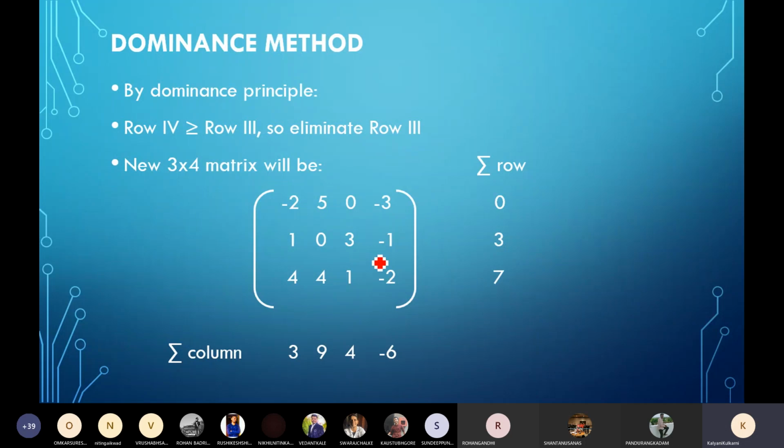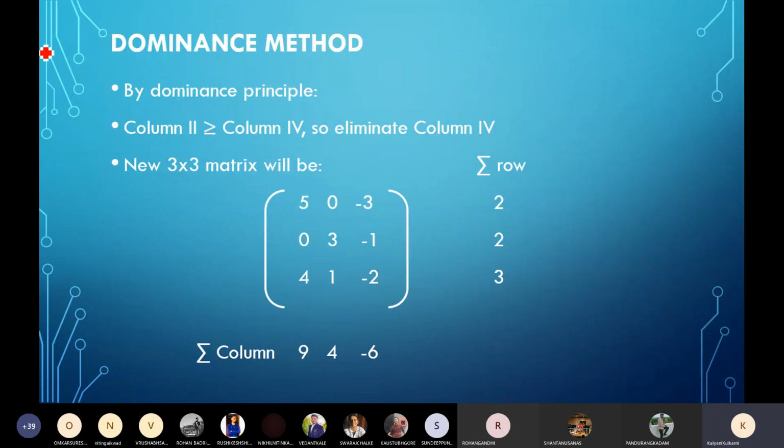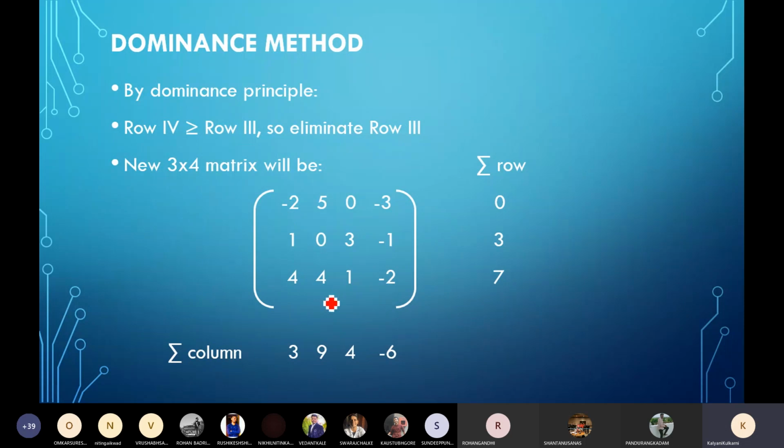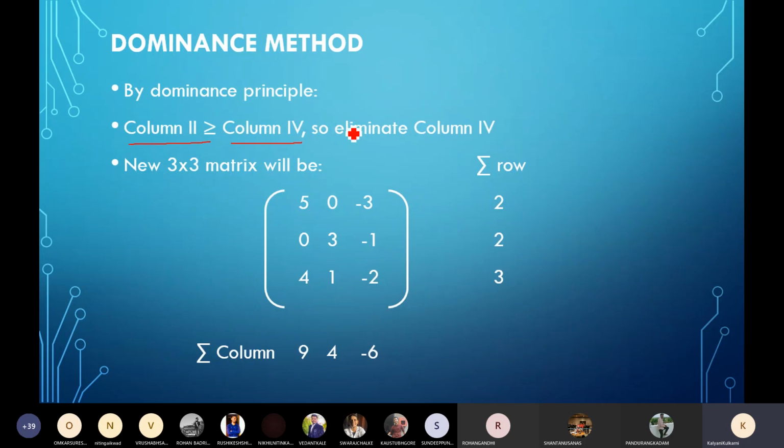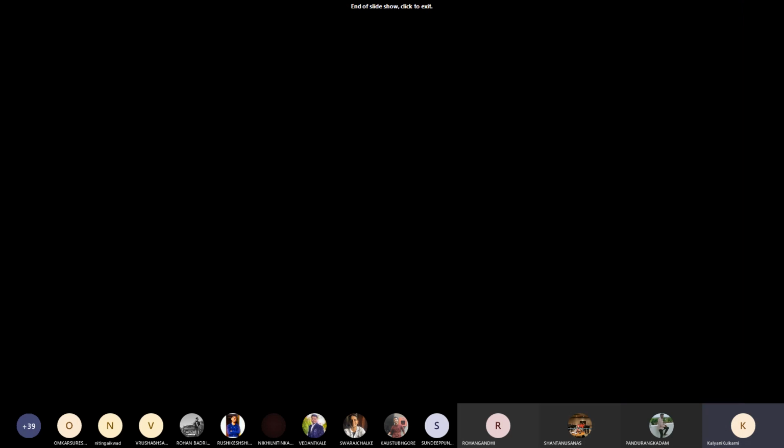For this 3 by 4 matrix, now I will go for rule 2. We will use columns. So column 2, that is 9, is greater than column 4. Now what is the rule? Eliminate the respective column.